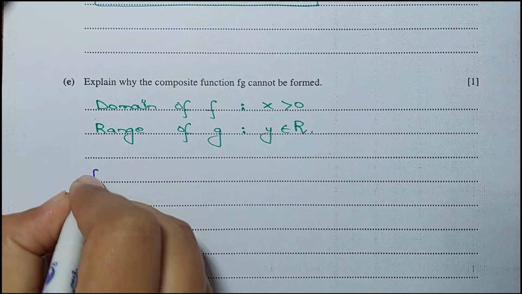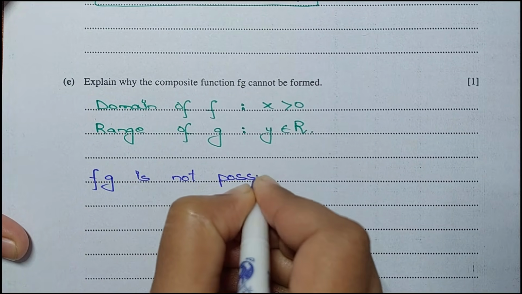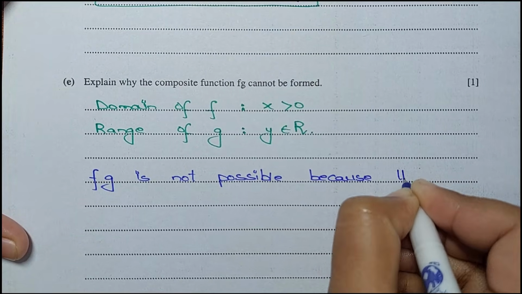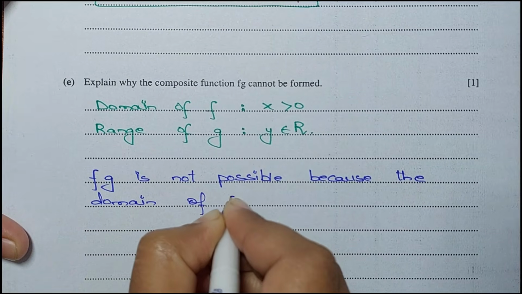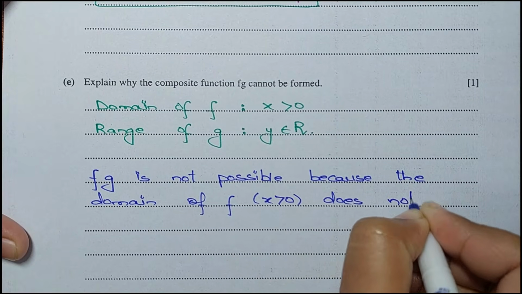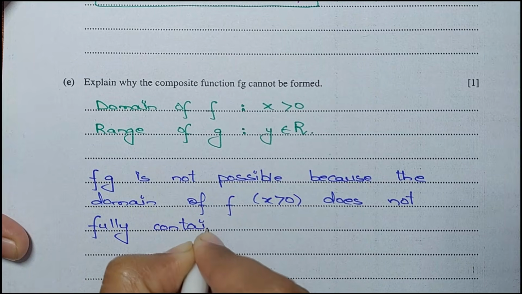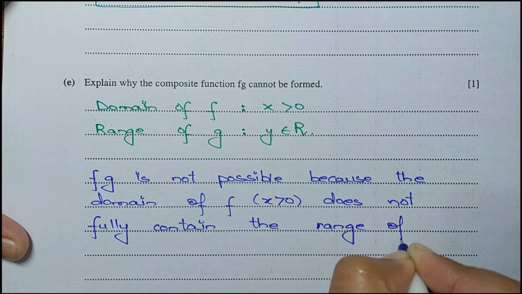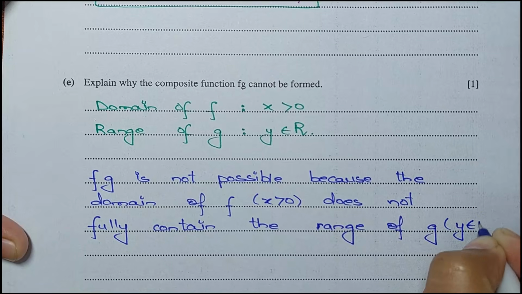Here we can say f composition g is not possible, because the domain of f, which is greater than 0, does not fully contain the range of g, which is all real numbers.